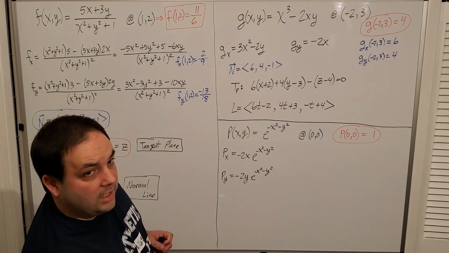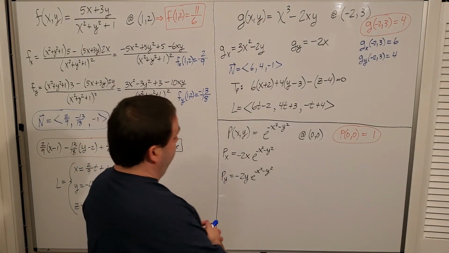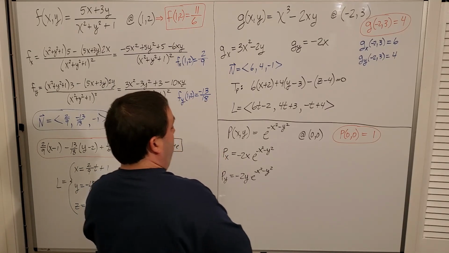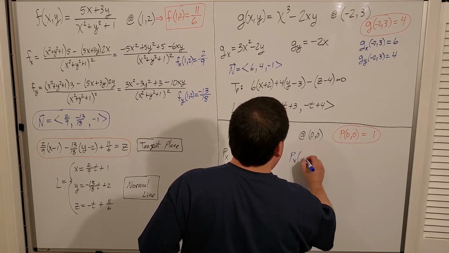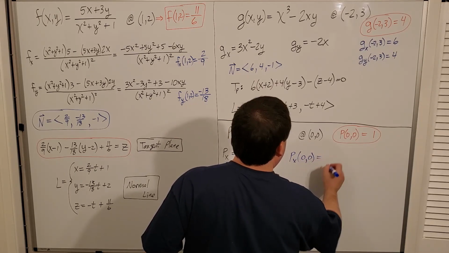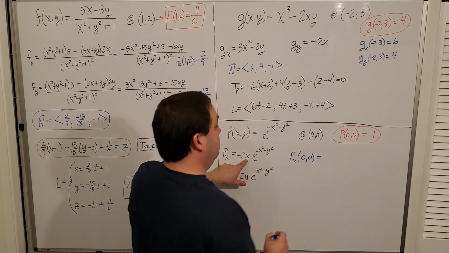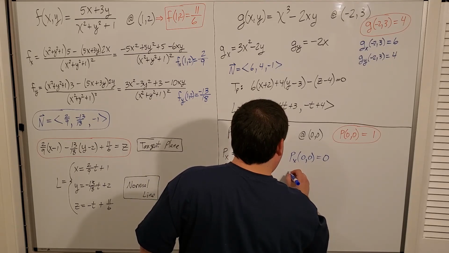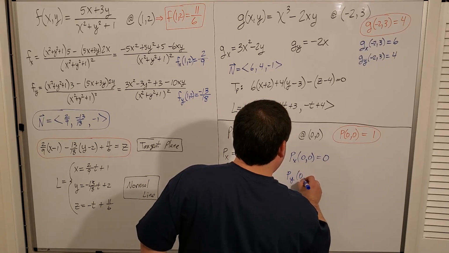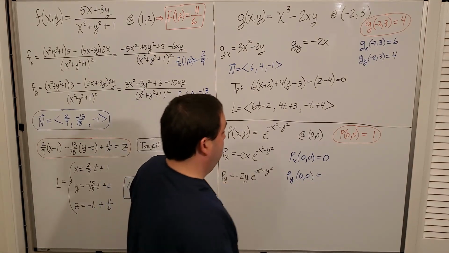Okay, so then let's get our values of those two. So p_x evaluated at 0, 0 is just 0, and p_y at 0, 0 is 0.